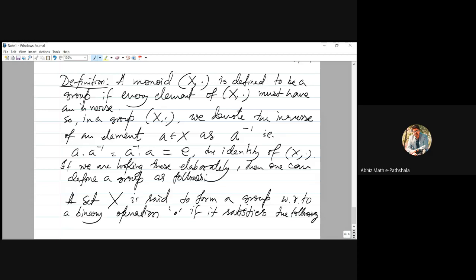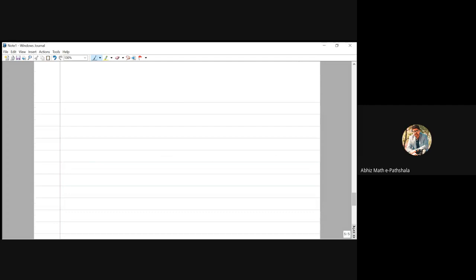What are those? The first one is number 1, that is, for every pair of elements, a dot b belongs to x.